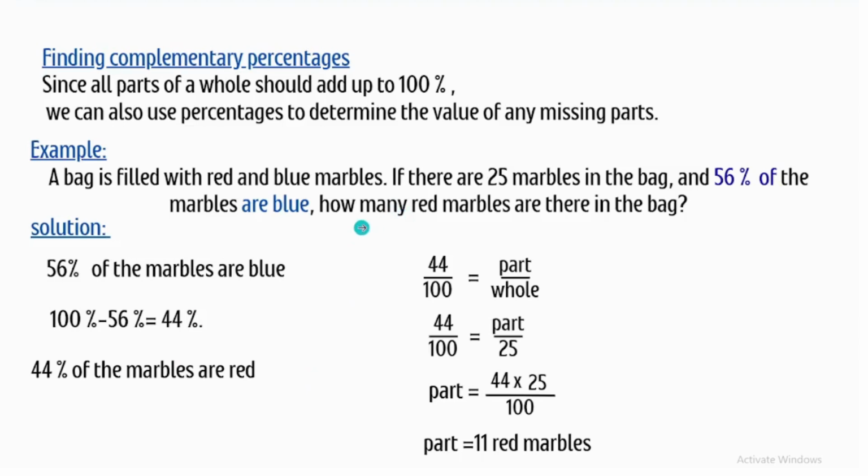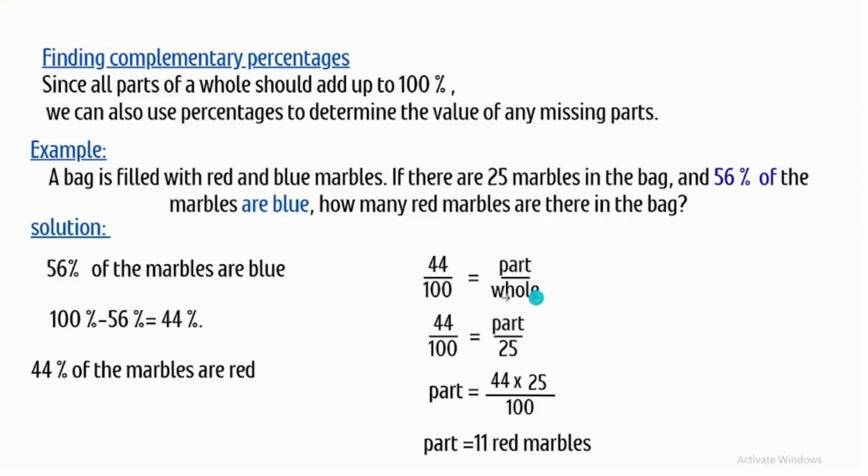Now he asked how many red marbles there are in the bag. This is not the number of marbles, this is the percent. The percent is not the real number. So we will use the part to whole rule.